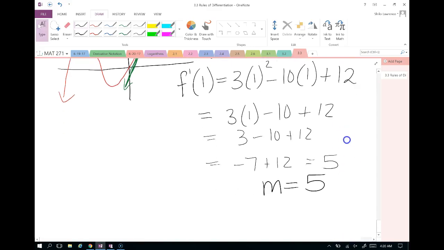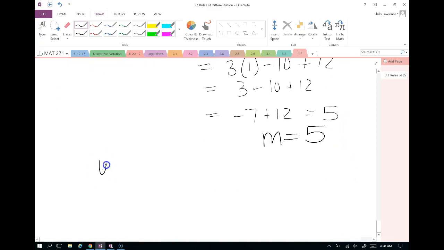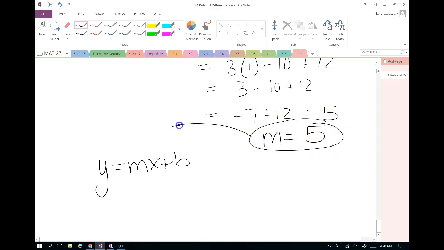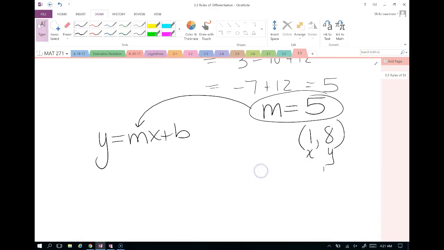So the way that I like to write my lines, we always want our final format to be in slope-intercept form, y equals mx plus b. We know slope is 5, so we can plug that in. And we know we have the point (1, 8). Well, I like to use those coordinates for my x and for my y, and then solve for my b.